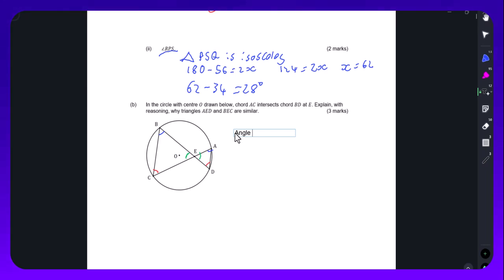Angle EBC equals angle EAD, and then similarly for the other ones, angle BCE equals angle EDA.